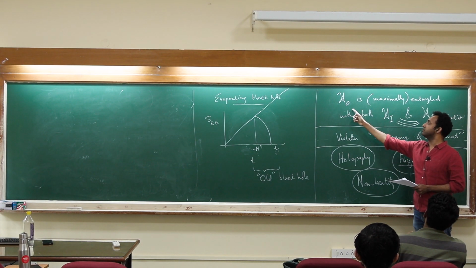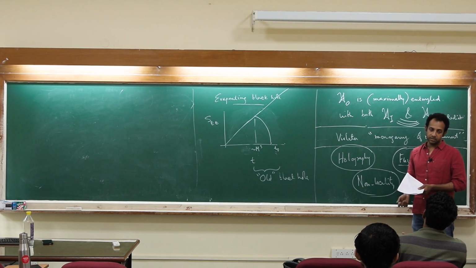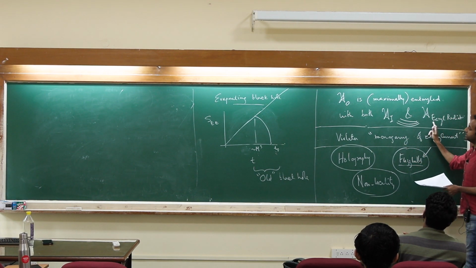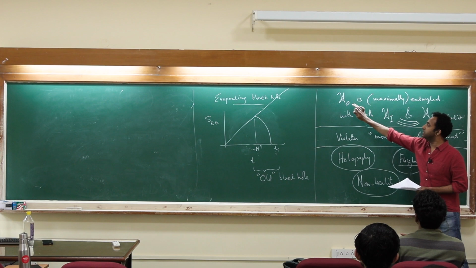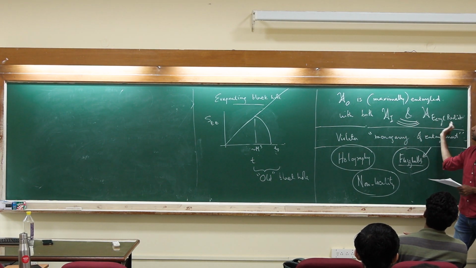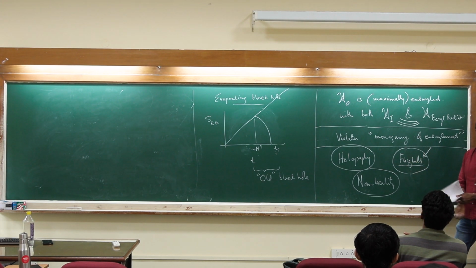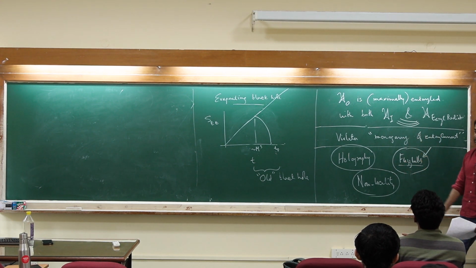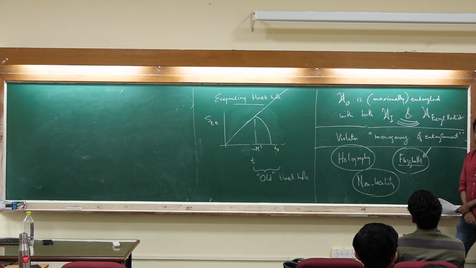That statement is a direct consequence of the smoothness of the horizon. But we also need, from unitarity and the Page curve, that this also has to be entangled with this guy. Both of them being simultaneously nearly maximally entangled cannot be the case because of this general principle of quantum mechanics.